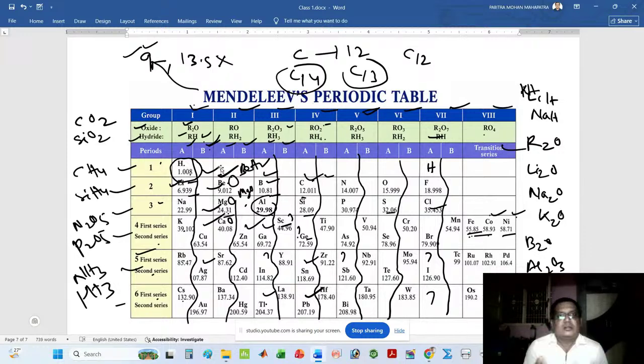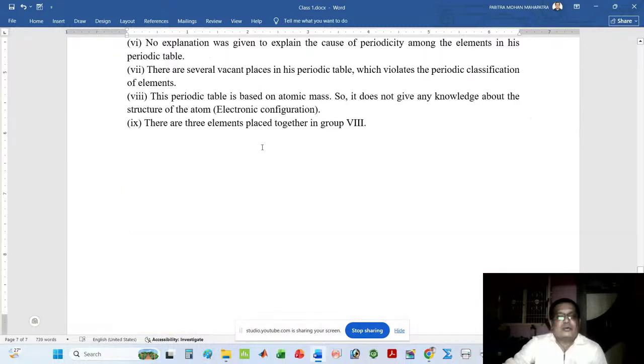If you already know the number of electrons, then you will easily find the number of protons. So by following the atomic mass, you cannot determine the electronic configuration, that means the structure of the atom. You cannot say the arrangement of the electrons around the nucleus.